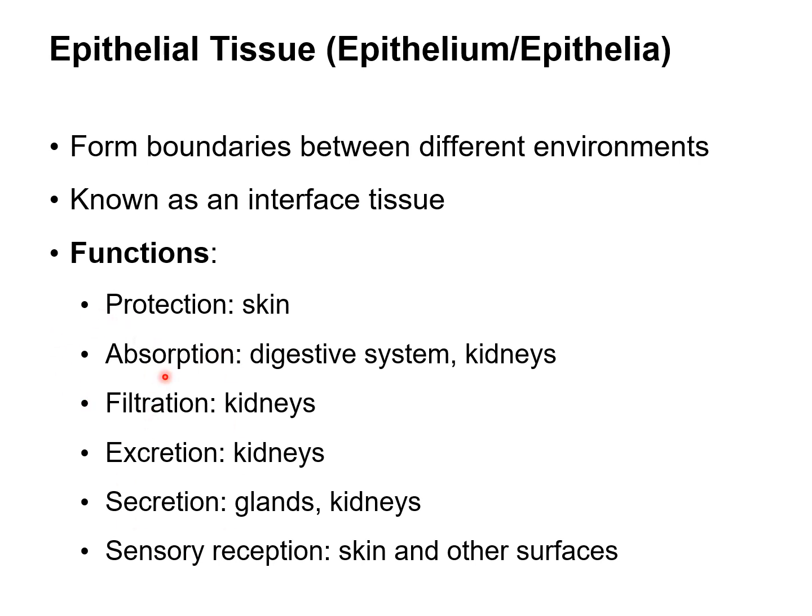For now, let's just look at what each of these terms means, like absorption. Absorption is when cells take in material from the outside. Secretion and excretion both have cells eliminating material.